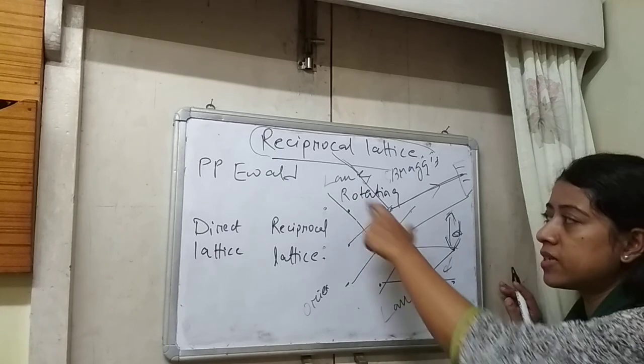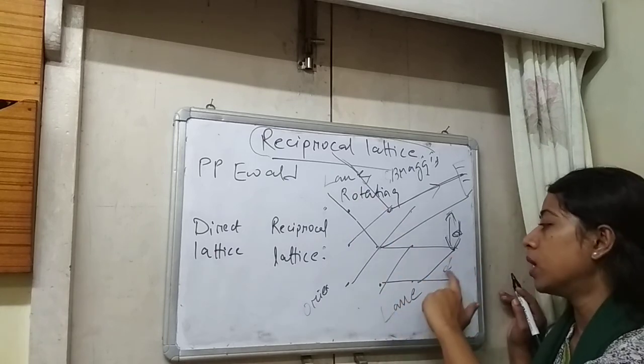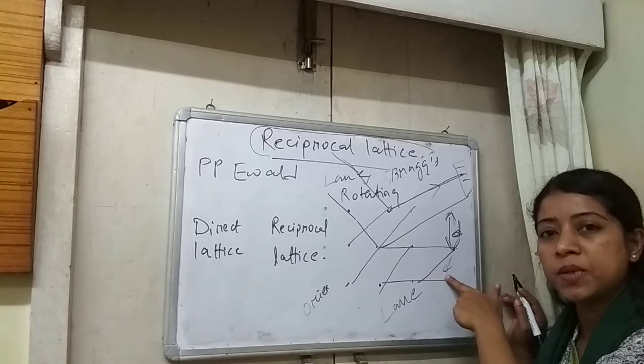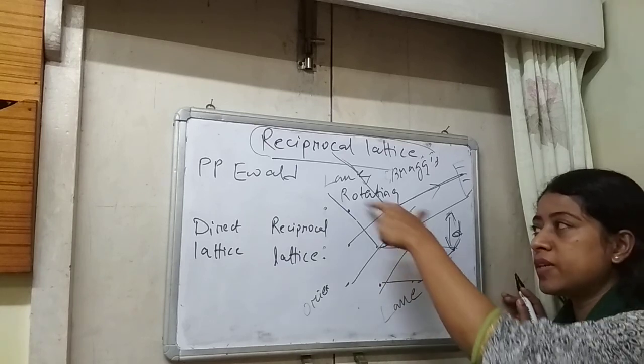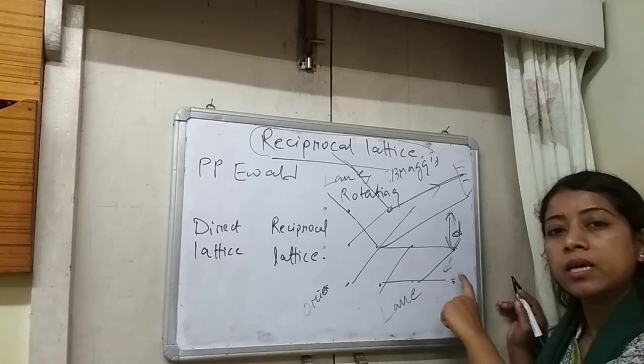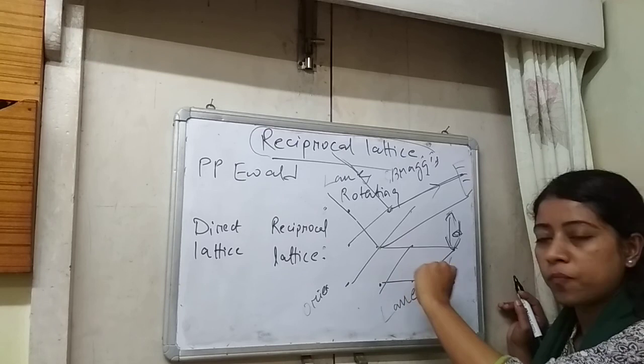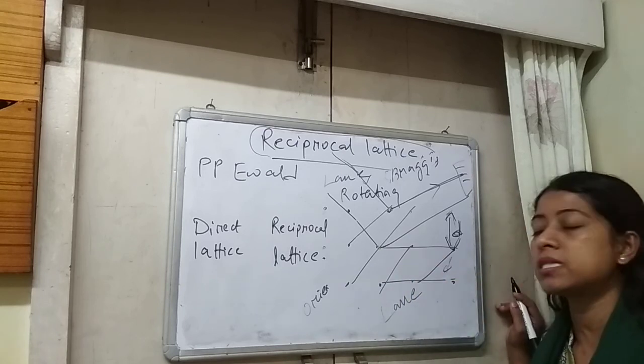These three methods are studied in crystal structure to study the interplanar spacing d. But these three methods were not sufficient to give us the information regarding the interplanar spacing when we have different sets of parallel planes and their orientations are different.